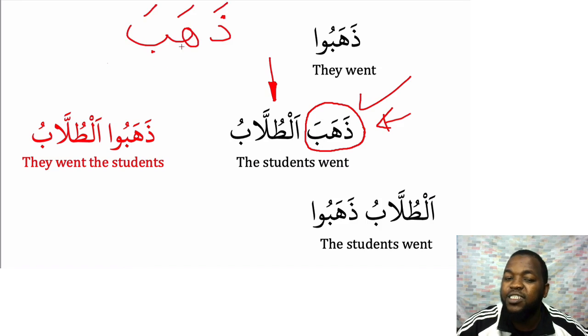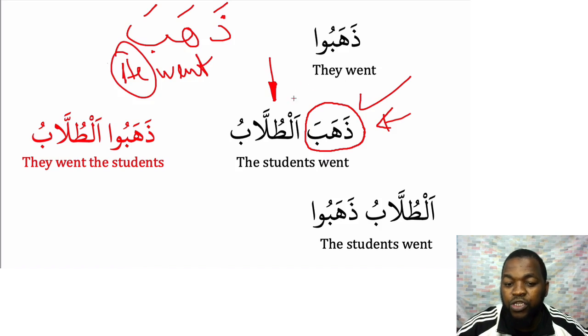So here I said that the subject is hidden, right? And when I translate this, I translated this as he went. He. But here it's not he, it's plural, right? But the verb is still the same.